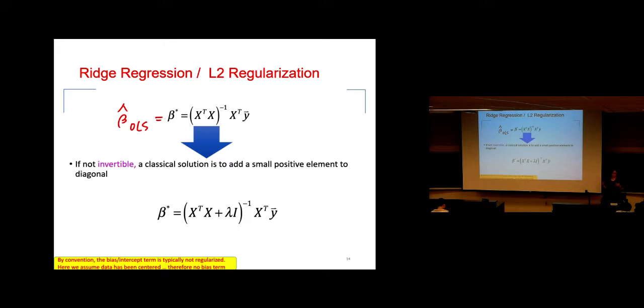You can't do the inversion when x is not full rank. When it's not invertible, a very classic trick is to augment the matrix with lambda I, where I is the identity matrix with diagonal 1, and lambda is larger than 0.